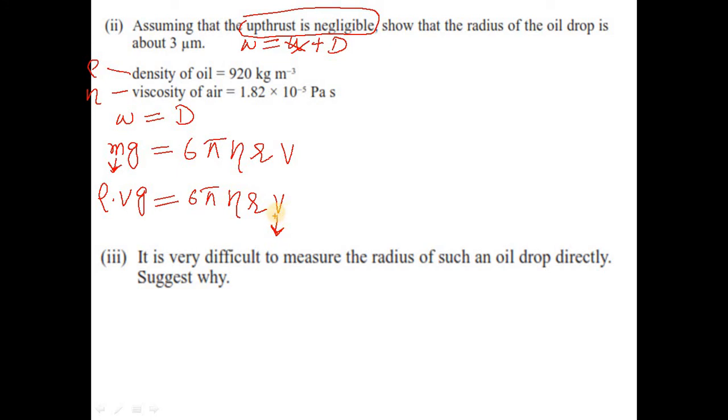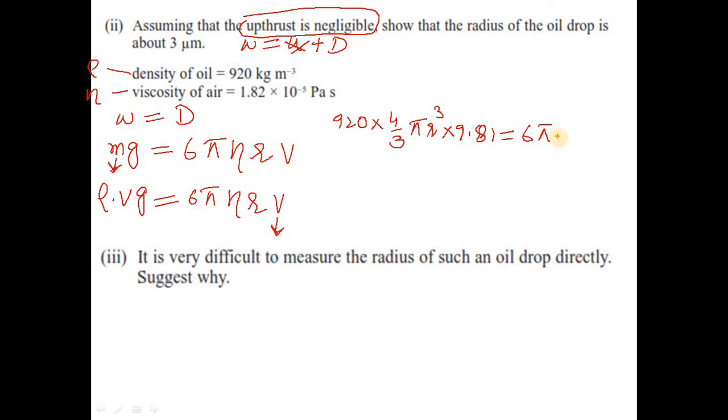So you can substitute all the values like this. Rho is 920. I don't have V, so I can say 4 upon 3 pi r cubed because it is spherical, so the volume of the oil drop is 4/3 pi r cubed, times g. g is 9.81, equal to 6 pi eta.